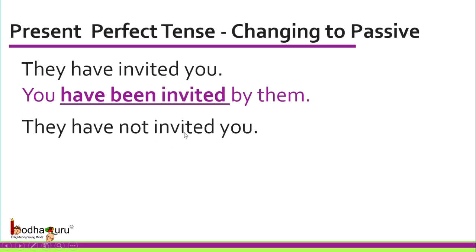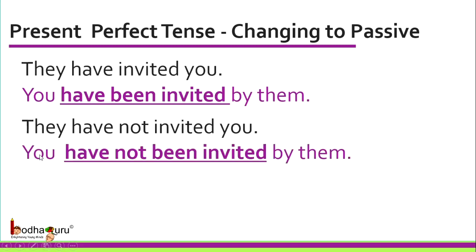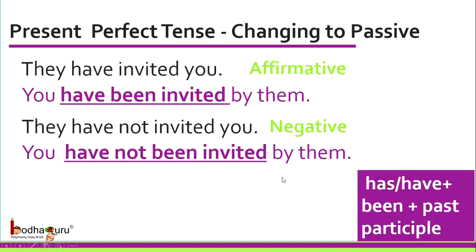They have not invited you, and it gets changed to you have not been invited by them. As you can see, the first sentence is the positive or affirmative sentence, and the second sentence is a negative sentence, and both of them can be changed to passive voice. And in both the cases we have the format has or have plus been plus past participle.